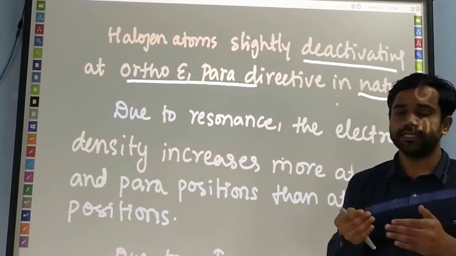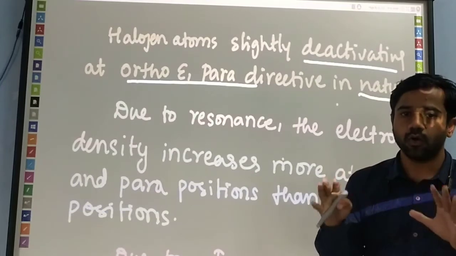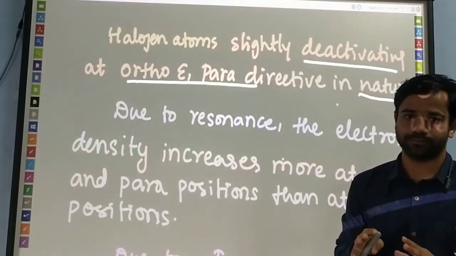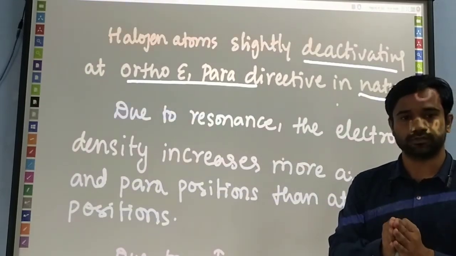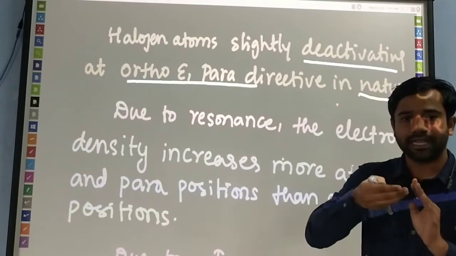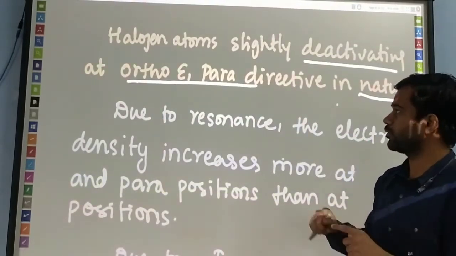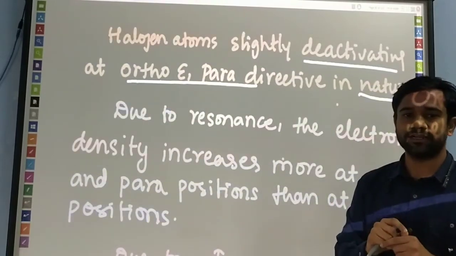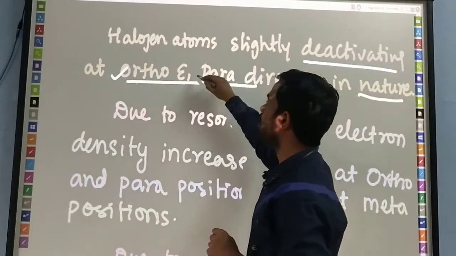Deactivate means it takes away the electrons from the whole benzene ring, that is, the conjugation. You already know that the benzene ring has more electrons. That's why the halogen takes away the electrons, withdrawing them from the benzene ring.